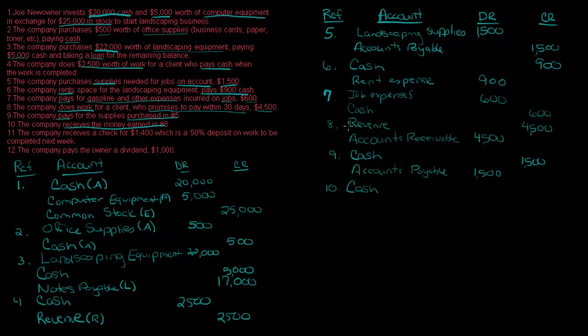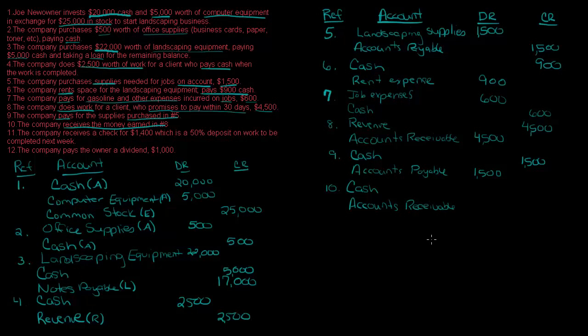Did I earn any more money? Did I generate any more revenue? No, I did not. Do I have something with the accounts receivable? Well, it says we received the money earned in number 8, so the customer's paying off that receivable. The customer owed me $4,500. Now they owe me 0. So I need to adjust their balance on accounts receivable to reflect that they don't owe me that money anymore.